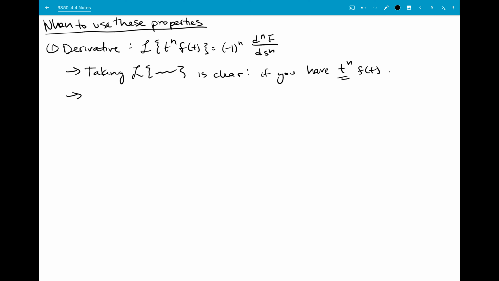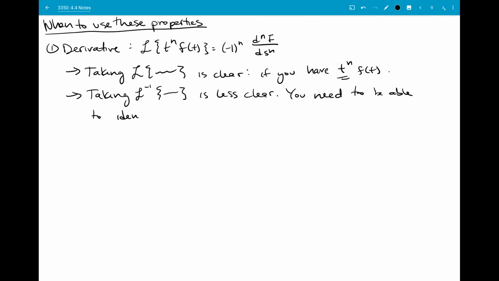The problem is that in the backwards direction, that's going to be less clear. What's going to happen is you need to identify that you actually are dealing with one of those terms, d^n F over ds^n.